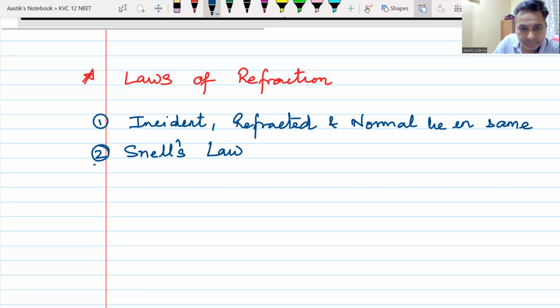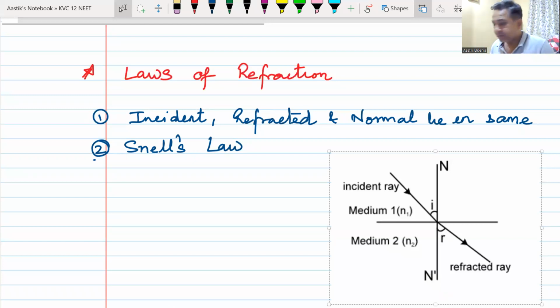Sin I divided by sin R is equal to constant. And what is that constant equal to, my dear friend?